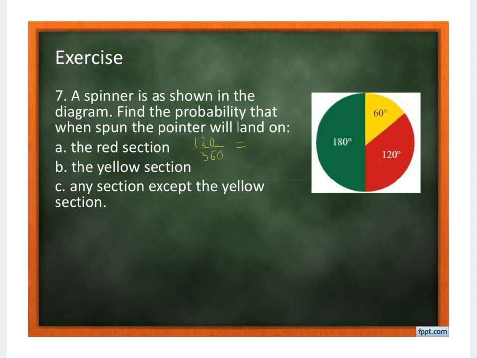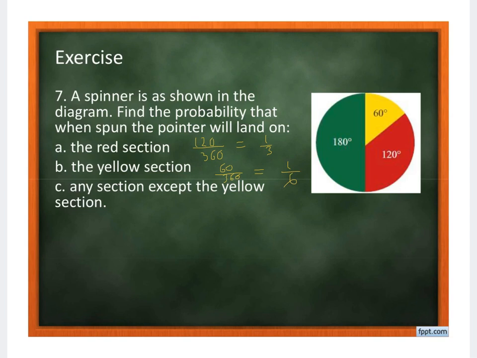So the probability the pointer will land on the red section is 1/3. For the yellow section, it is 60 over the sample space 360. So it's 1/6.